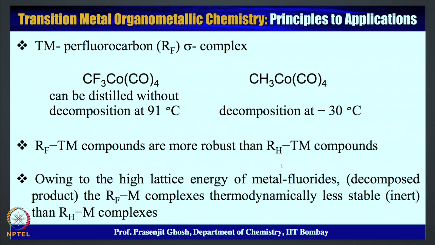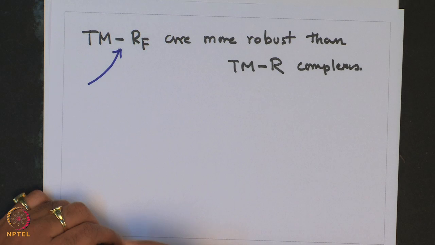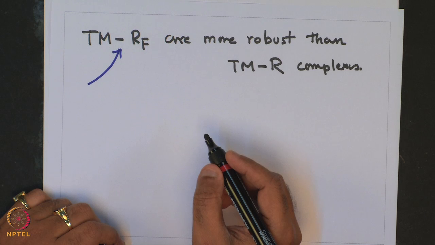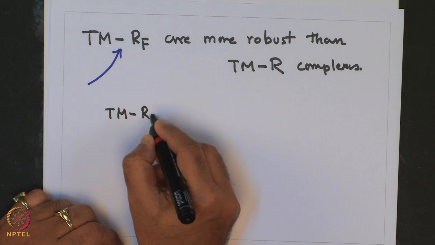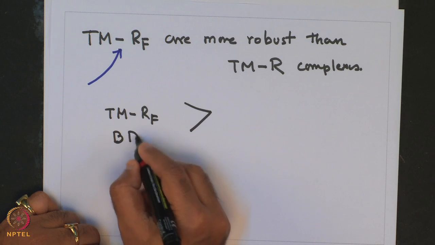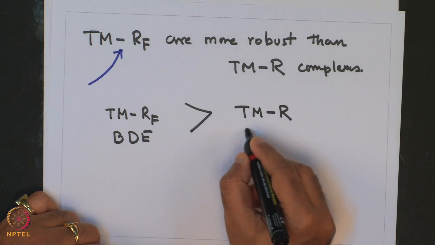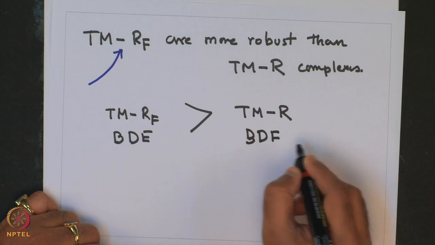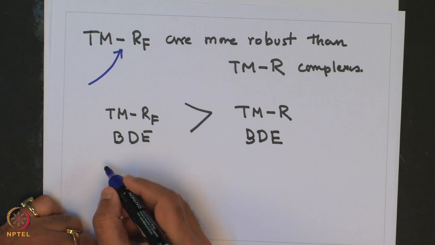However, the stability has other components as well, which arise because of interactions between the transition metal and the perfluoroalkyl moiety, and what transpires is that these transition metal perfluoroalkyl compounds have greater bond dissociation energy than transition metal alkyl compounds, which makes the transition metal perfluoroalkane more stable.